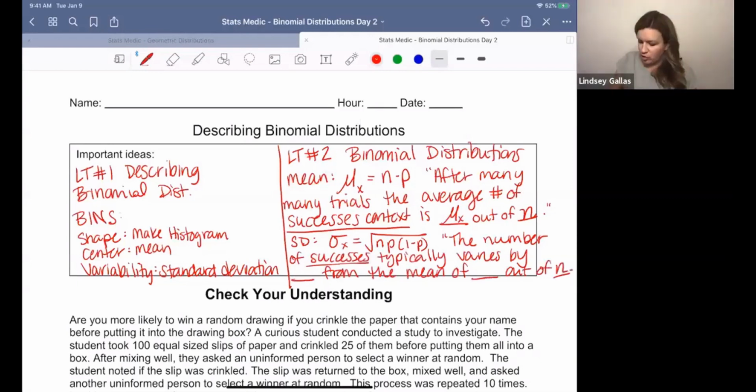That way you know you've covered your bases on that one, so from the mean. So I'd like you to try to check your understanding problem, so work through those questions, and then when you're done, let's go over the answers.